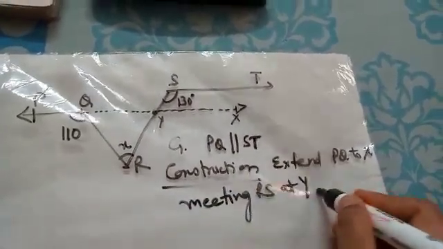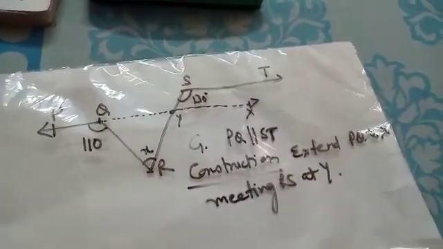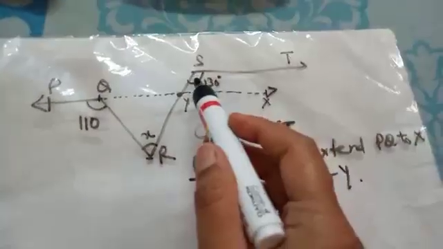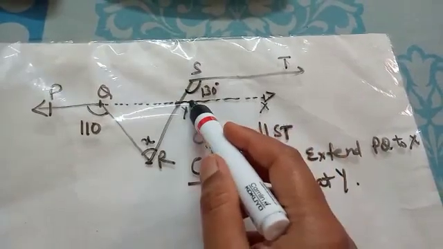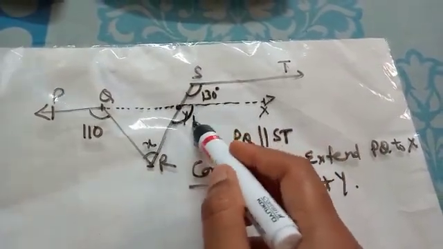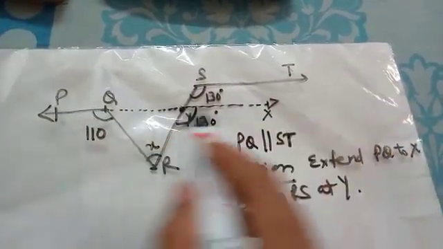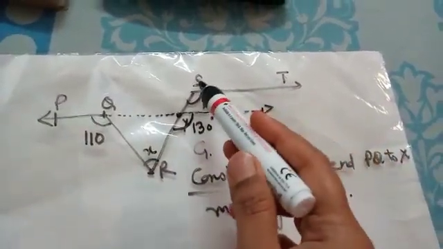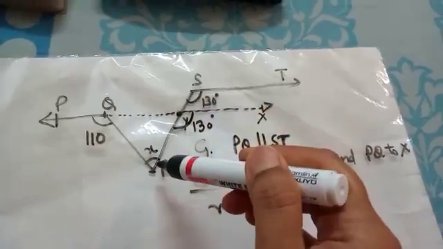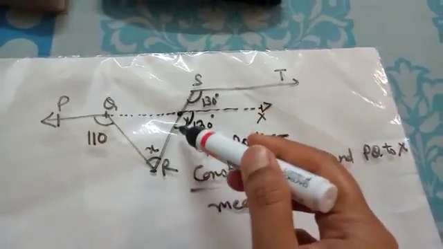Now what will be the benefit of doing this? Now you see this angle is 130 degree, so I am writing that this angle is also 130 degree. Why is this angle 130? Because this line is parallel to ST and this SR is acting as the transversal, so these are corresponding angles.